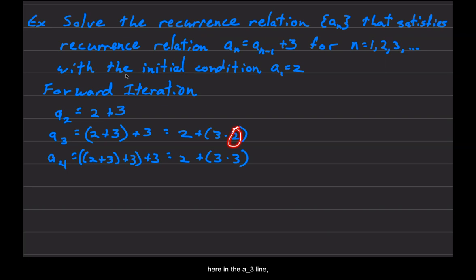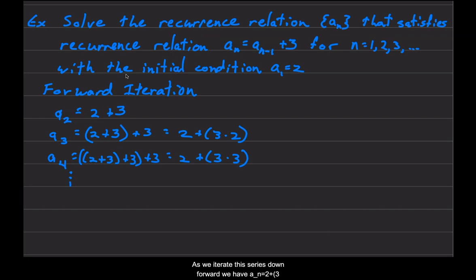In the a3 line, the number of 3's that we're multiplying is 2, and that is our iteration in the term sequence, a3, matches that 2 as a3 minus 1, right? So for the next line, for a4, we're multiplying 3 3's there. Again, that matches. That's n minus 1.